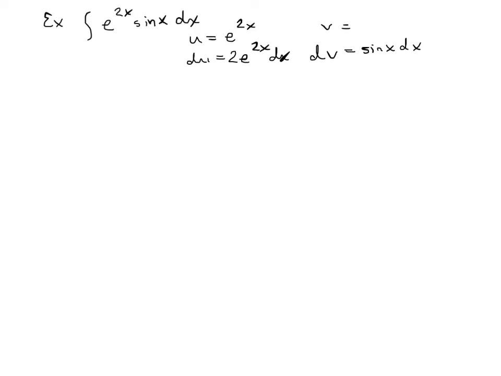So that means v, I'll integrate that, I'll get negative cosine, right? Negative cosine of x. Okay, so I'm going to leave this integral that we're looking for in this formula the whole time. We are looking for the integral of e to the 2x sine of x.